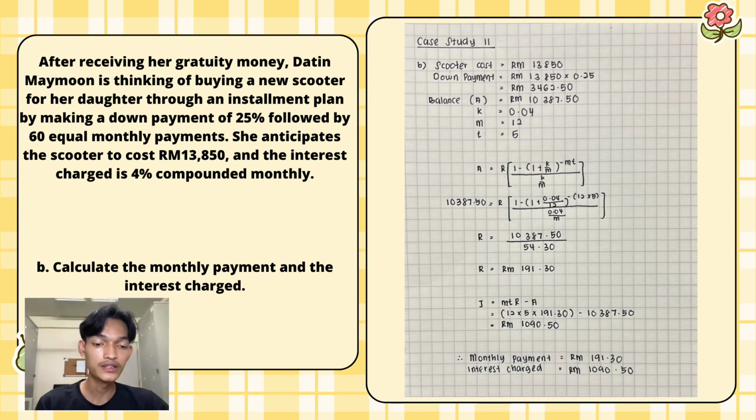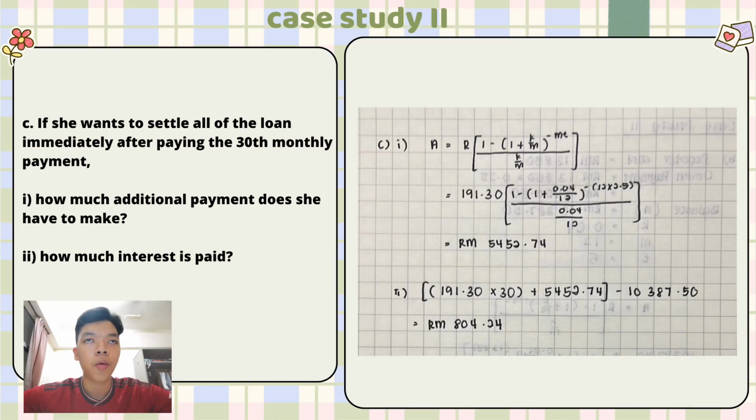cents. For the interest charge, the formula is I equals MTR minus A. So I equals 12 times 5 times 191 ringgit 30 cents minus 10,387 ringgit 50 cents. We will get I equals 1,090 ringgit 50 cents. Question C. If he wants to settle all of the loan immediately after paying the 30th monthly payment, C1.